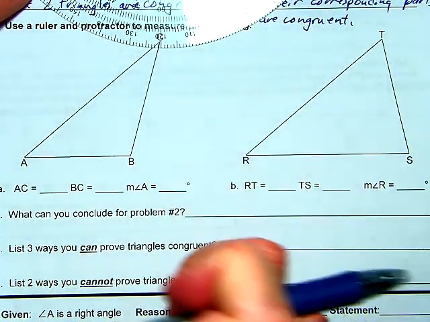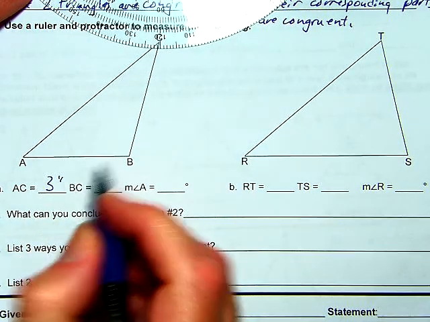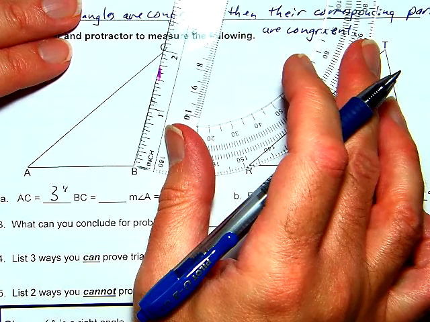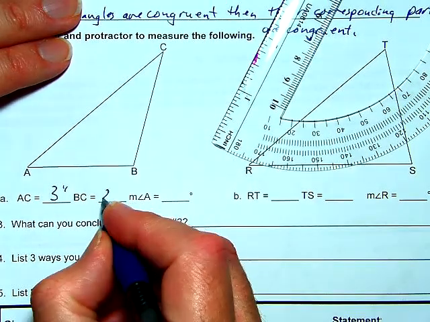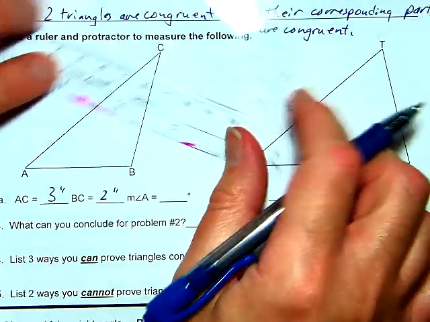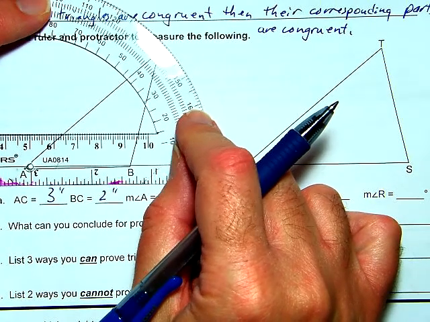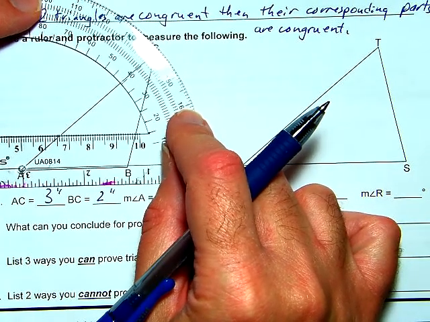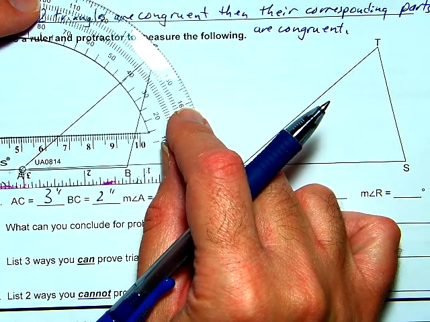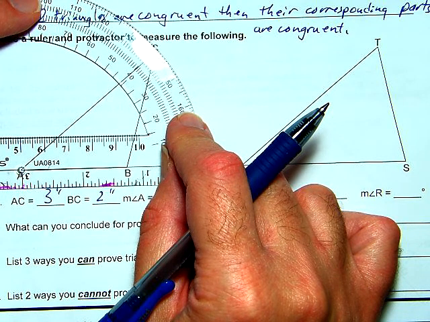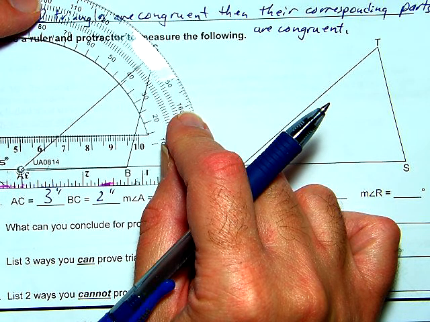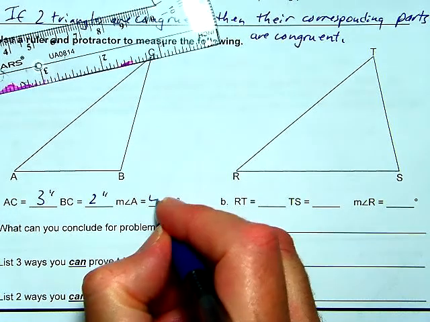Okay. Length of BC is going to be 2 inches. And the measure of angle A is going to be pretty close to 40 degrees, right? I'm just going to say 40 degrees.